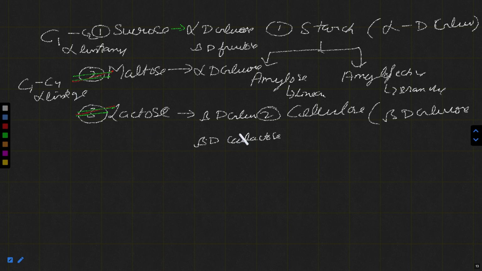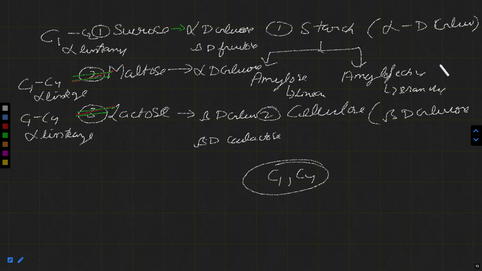And again for beta D glucose and beta D galactose in lactose we have a C1 C4 linkage. Now amylose has a linear chain with C1 C4, again C1 C4 alpha linkage. But amylopectin has one more, that is the C1 C6 linkage.